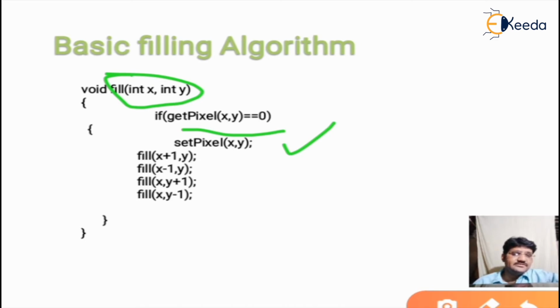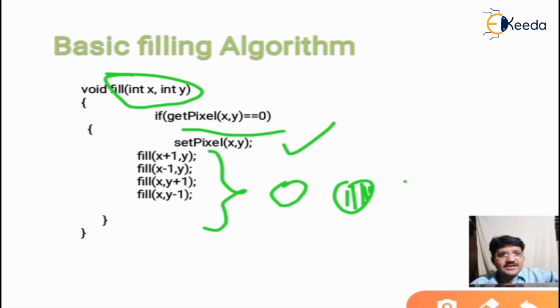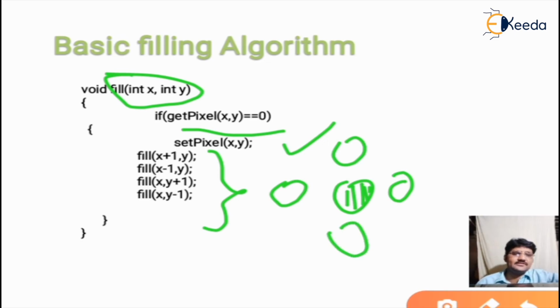SetPixel is a function that sets the pixel color at a specified location XY to the specified color. After coloring this pixel at location XY using these functions, we color these 4 neighbor pixels or 8 neighbor pixels.